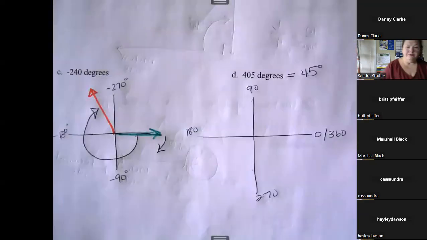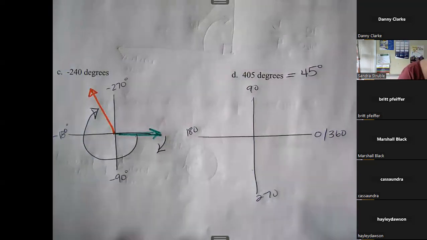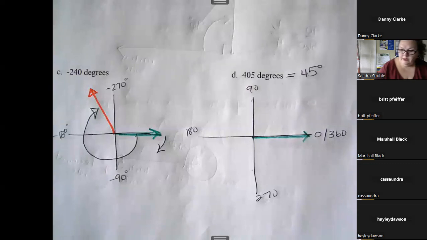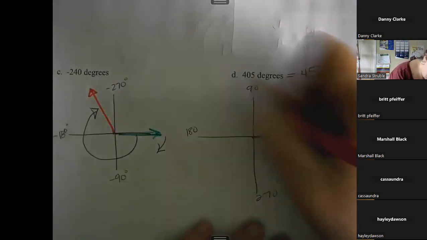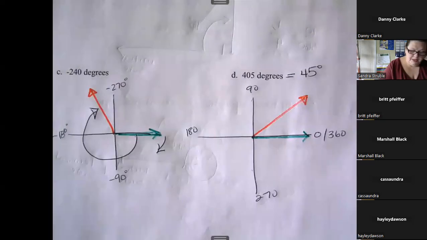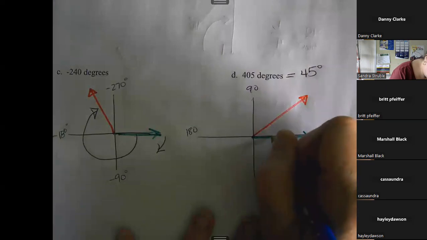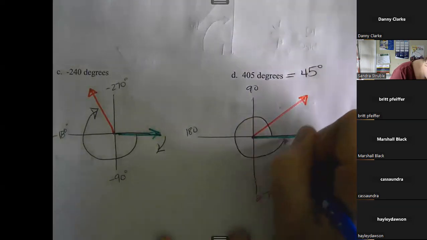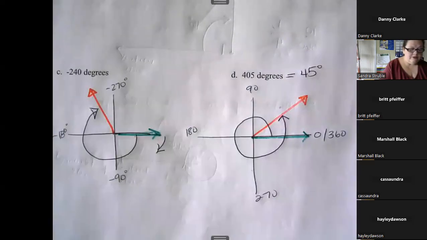In fact, they're equal. 405 is equal to 45 degrees. So initial side, 45 is directly in between the 90 and 0. But when you draw it, you're going to start on your initial side, go all the way around through your initial side and back to your terminal side at 45 degrees.